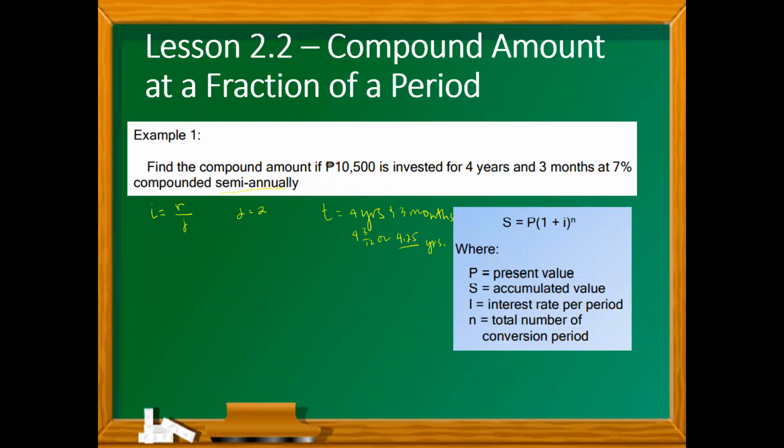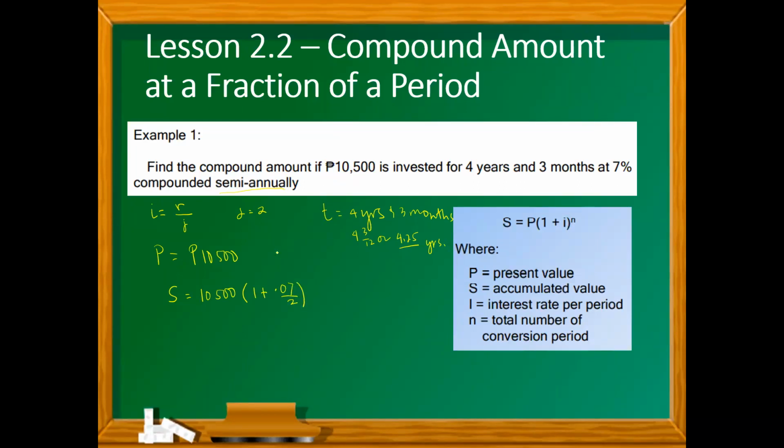Okay, so we now have t equals 4.25, and we know that the present value in the problem is 10,500. So we'll just substitute the given in the problem. So our S equals 10,500 times the quantity 1 plus 7%, so it's 0.07 all over 2.